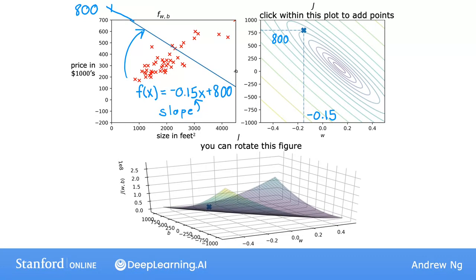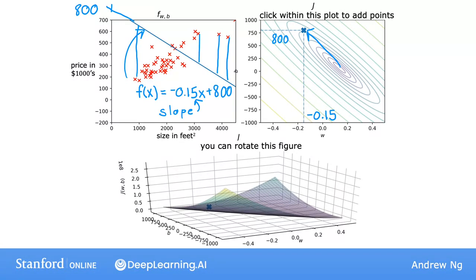For this function f of x, with these values of w and b, many of the predictions for the value of y are quite far from the actual target value of y that is in the training data. Because this line is not a good fit, if you look at the graph of j, the cost of this line is out here, which is pretty far from the minimum. It's a pretty high cost because this choice of w and b is just not that good a fit to the training set.